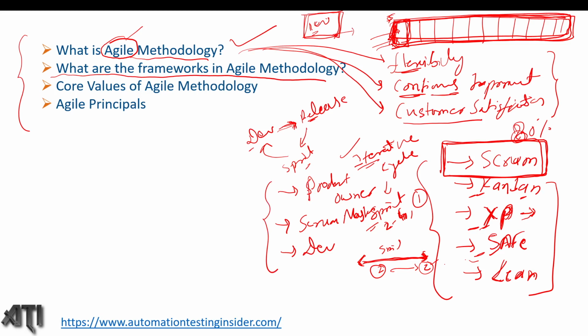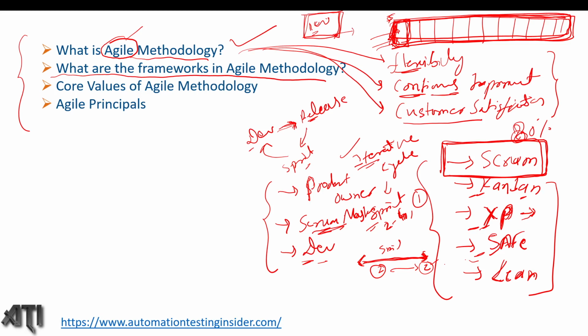The product owner is the one who owns the product, gets all the requirements, and prioritizes them, deciding which requirement should go first, right? And the Scrum master is the one completely managing the project. The complete Scrum process will be managed by this role, the Scrum Master. And we have the development team and testing team who develop the code and test the code.